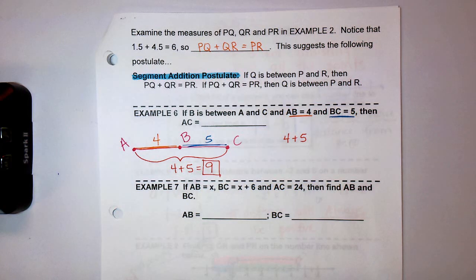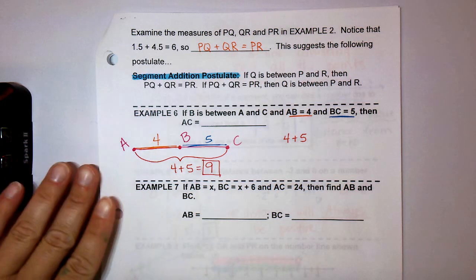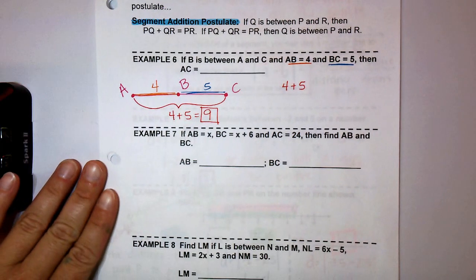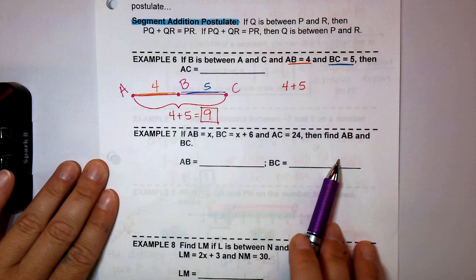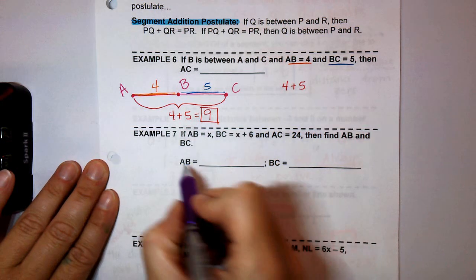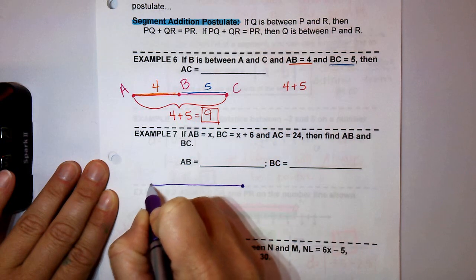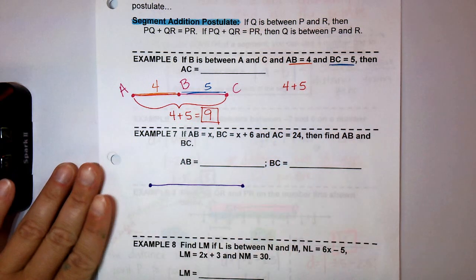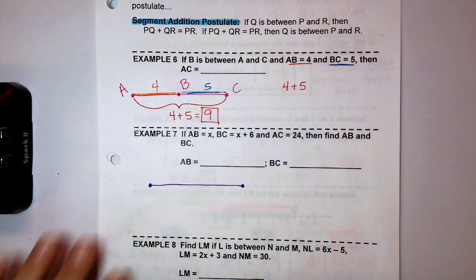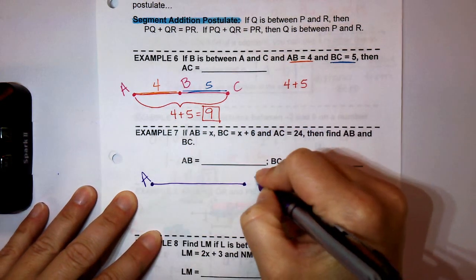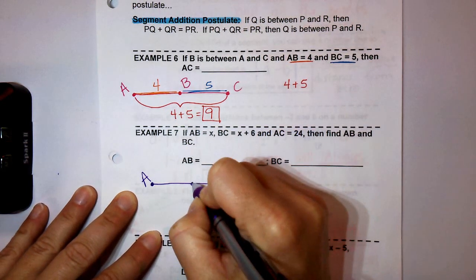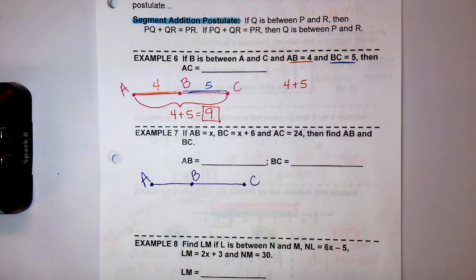Okay, that's like the most basic one. Let's do the second one now, or 7. If AB, okay, so same picture. They didn't say set it up again, but I'm going to use the same picture. And if you ever need help setting up your picture or clarification, tell me, and I'll tell you, oh, it's the same picture as before, or same labeling.